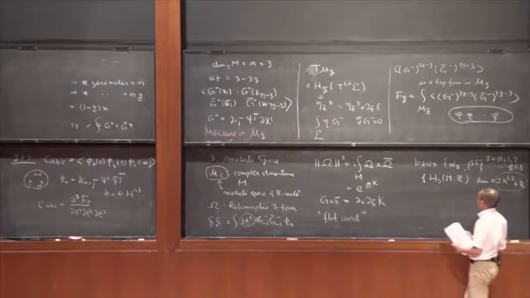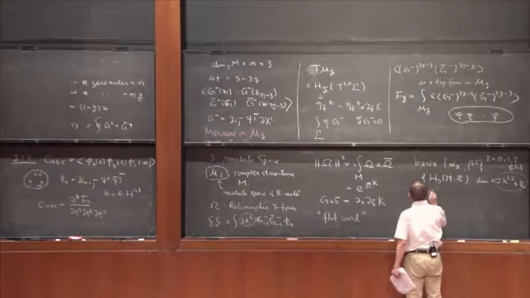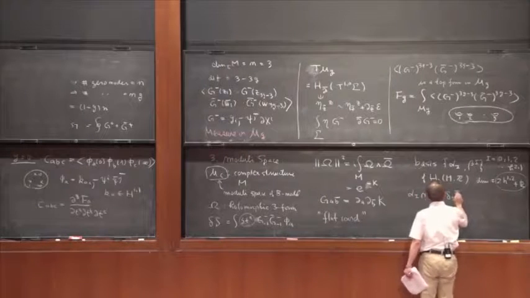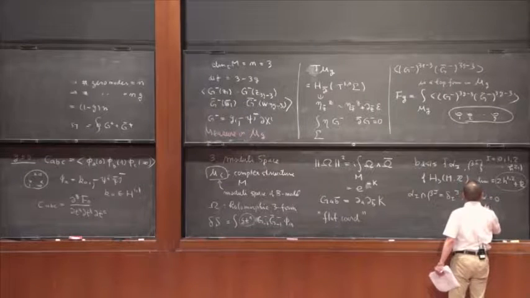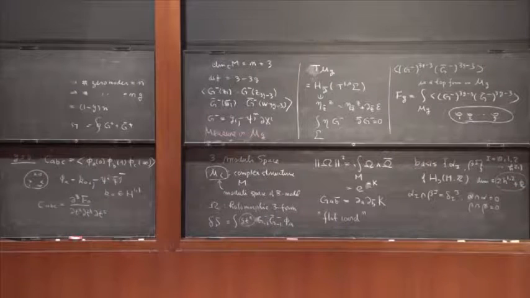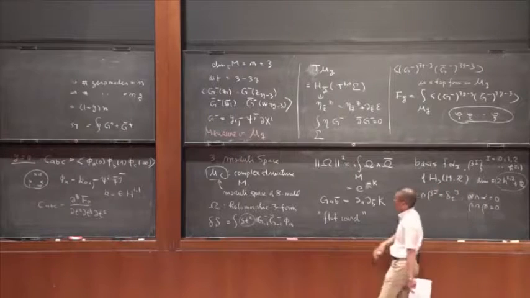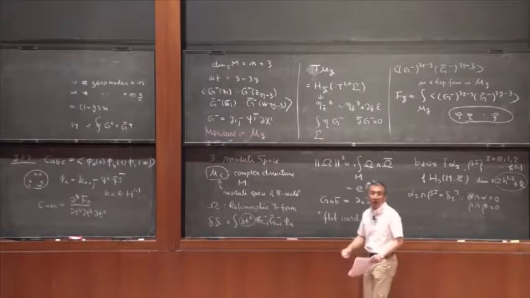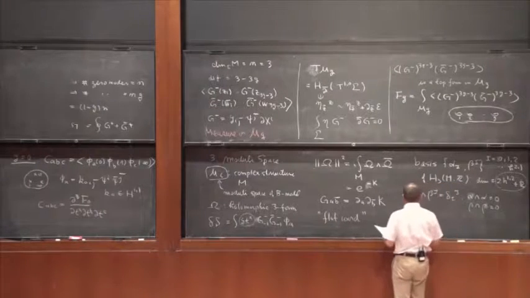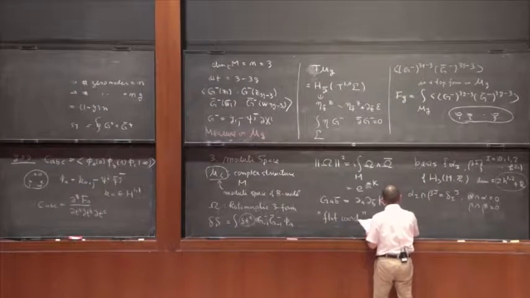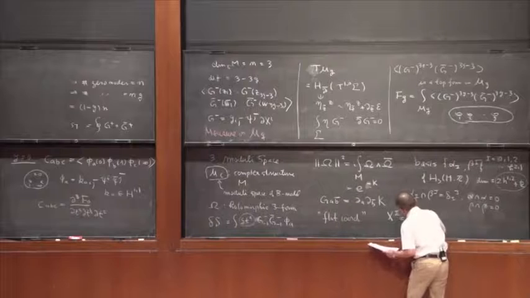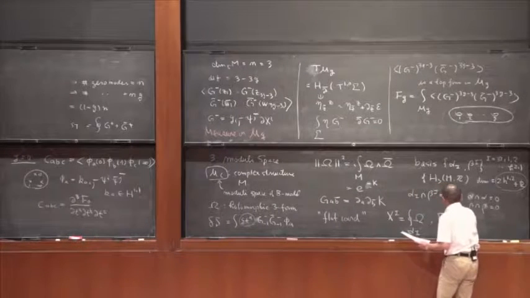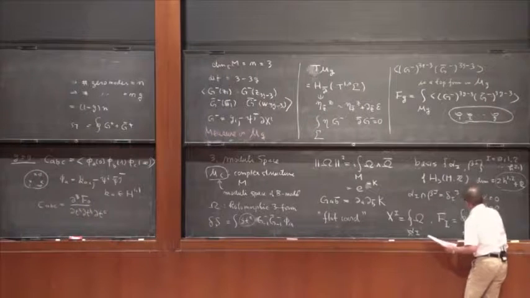And I choose the basis so that they are orthogonal like this. With this choice of basis of H3, we can integrate the holomorphic 3-form over each one of them. I define X^I to be the integral of omega over the alpha cycle, and F_I to be the integral of the same omega over the beta cycle.